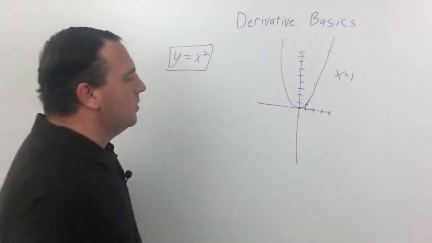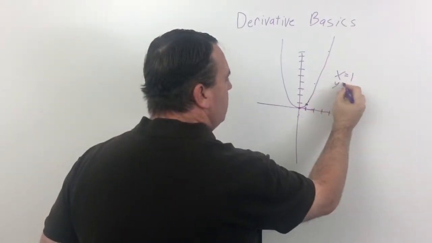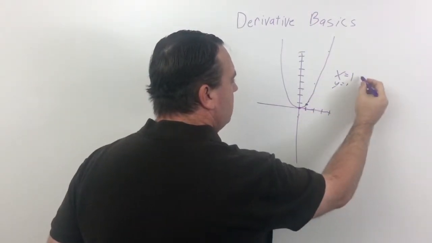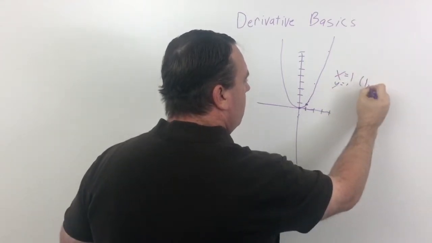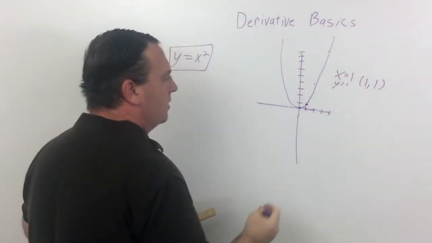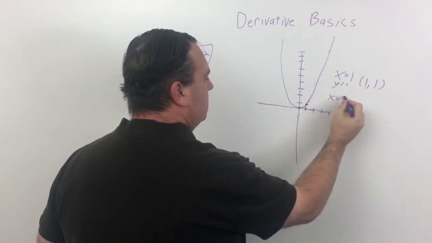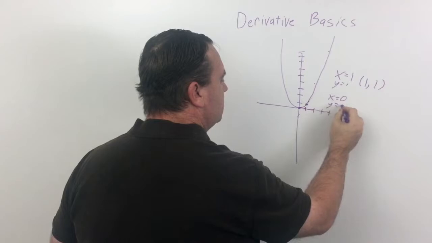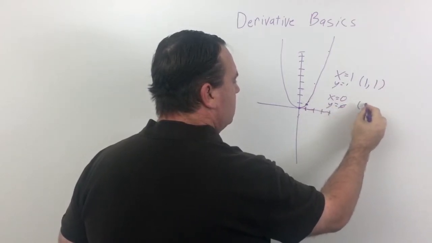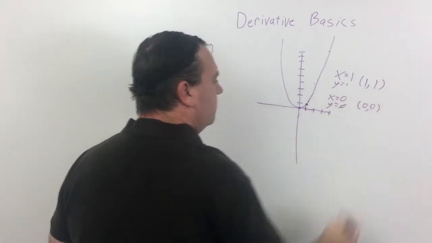So if x equals 1, then y equals 1. So the point is (1, 1). If x equals 0, y equals x squared, so y is also going to be 0. So the point is (0, 0).